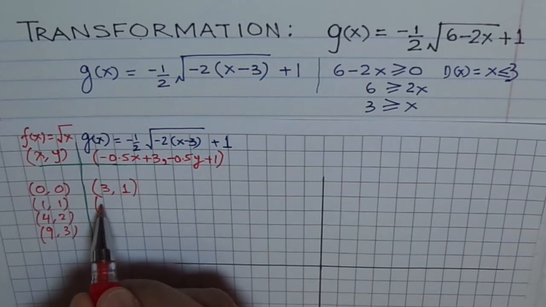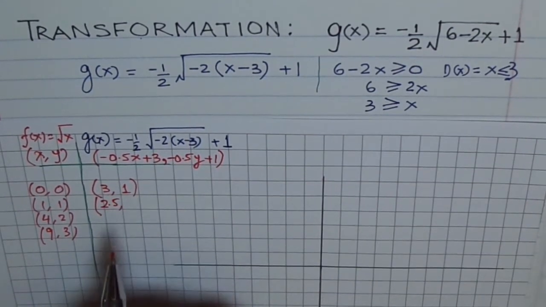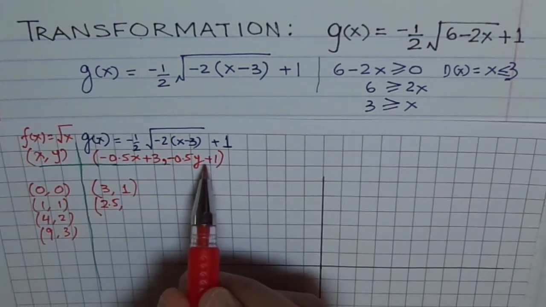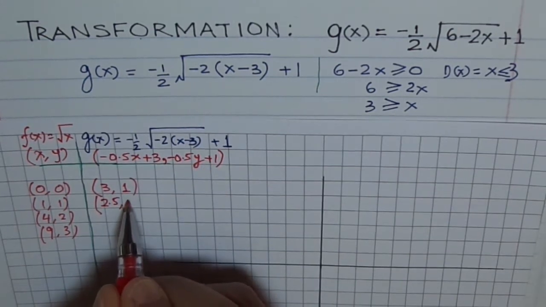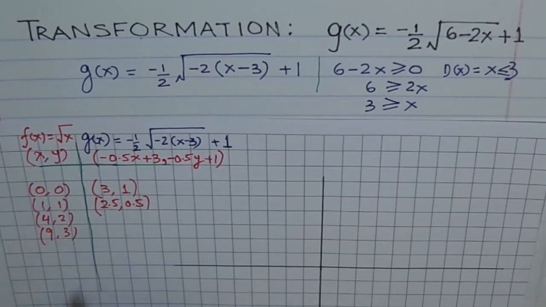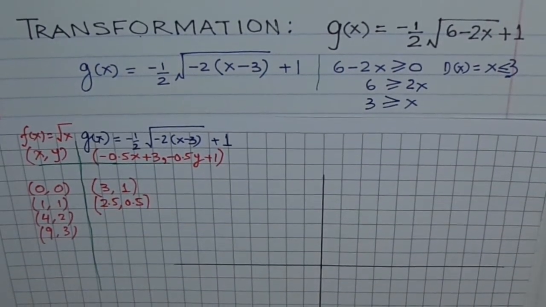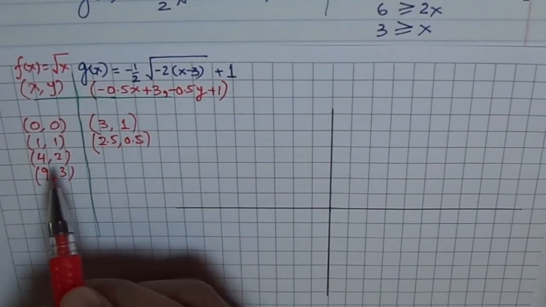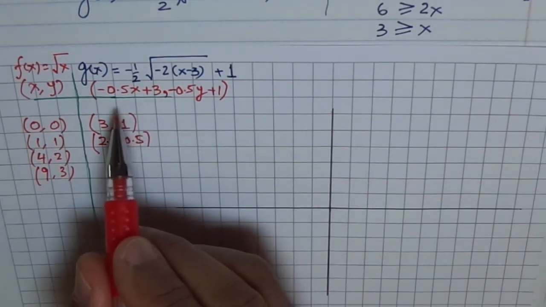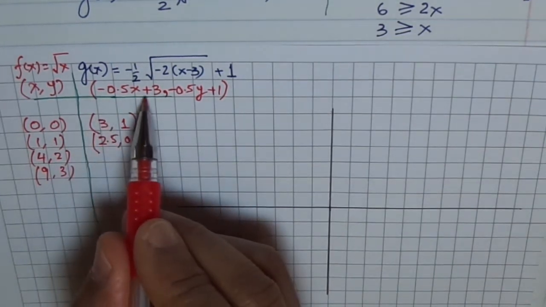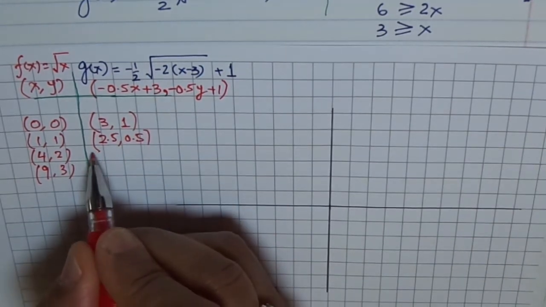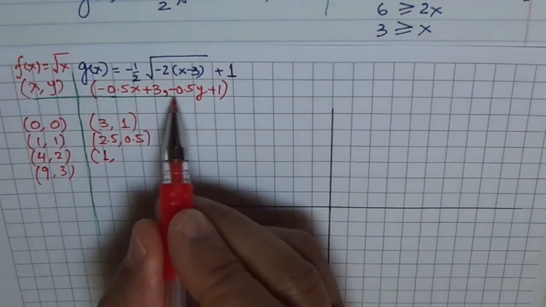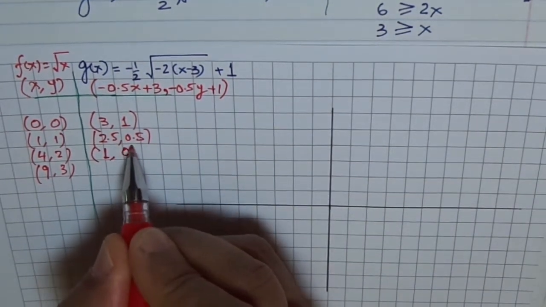Now, when you put 1, minus 0.5 times 1 is minus 0.5. Plus 3 gives us 2.5. And for the y value, minus 0.5 plus 1 will give us 0.5. Now when I do 4, half of 4 is 2. Minus 2 plus 3 gives us 1. And when you put 2 here, minus 1 plus 1 is 0.